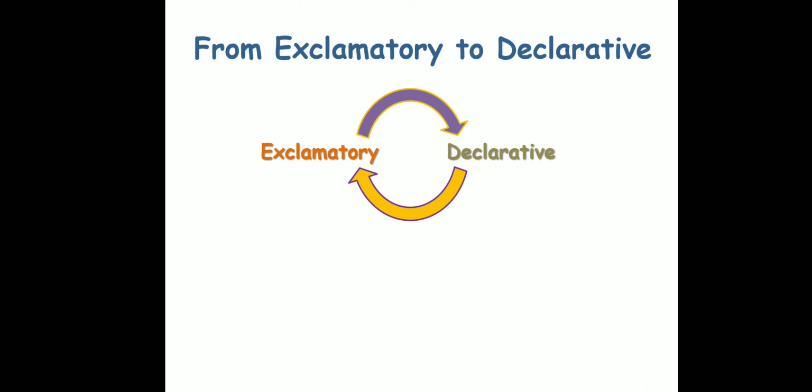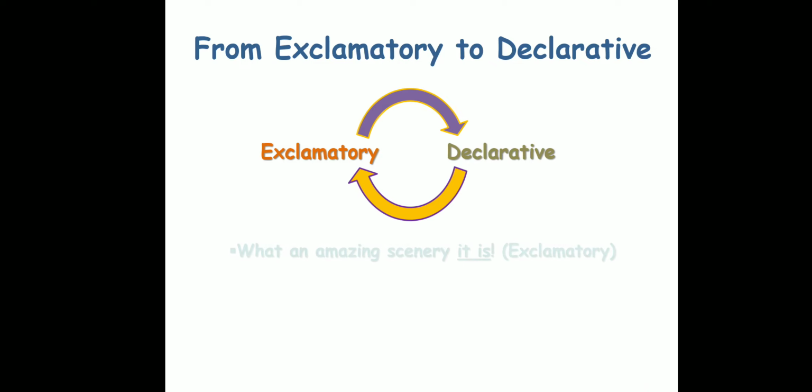If you have a declarative, you can change it into exclamatory. If you have an exclamatory sentence, you can also change that into declarative. Alright, so it can be both ways. See the arrows, it is a cycle drawn. That means you can change from exclamatory to declarative as well as from declarative to exclamatory. It can be changing both sides. Alright, now let us understand this with an example.